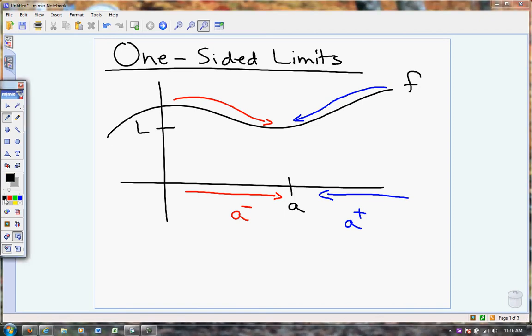So here's a theorem for you. It makes sense.